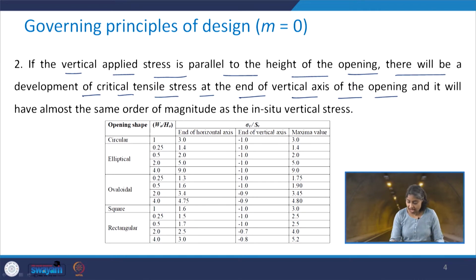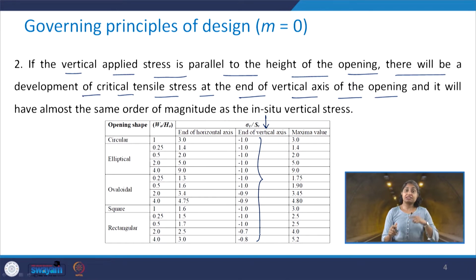Take a look here, at the end of the vertical axis is this column, and you can see that everywhere it is near about -1, either it is exactly -1 or maybe 0.7 or 0.8 or 0.9. So, this is the another governing principle for the design under uniaxial state of stress.